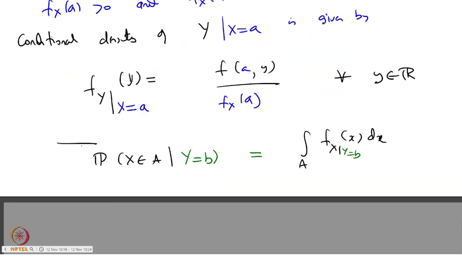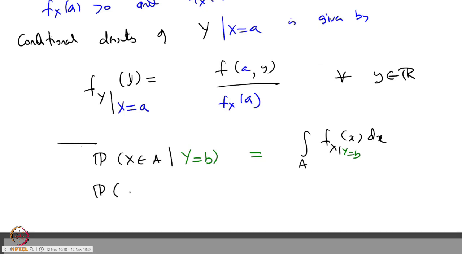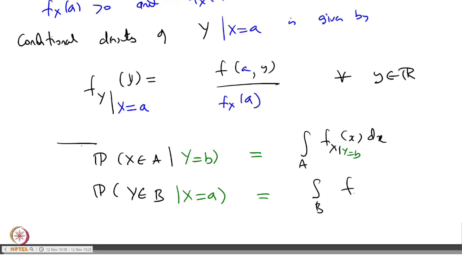And similarly, the probability that y is in an event B, given x equal to a, is the same as the integral over B of f of y given x equal to a, over y.